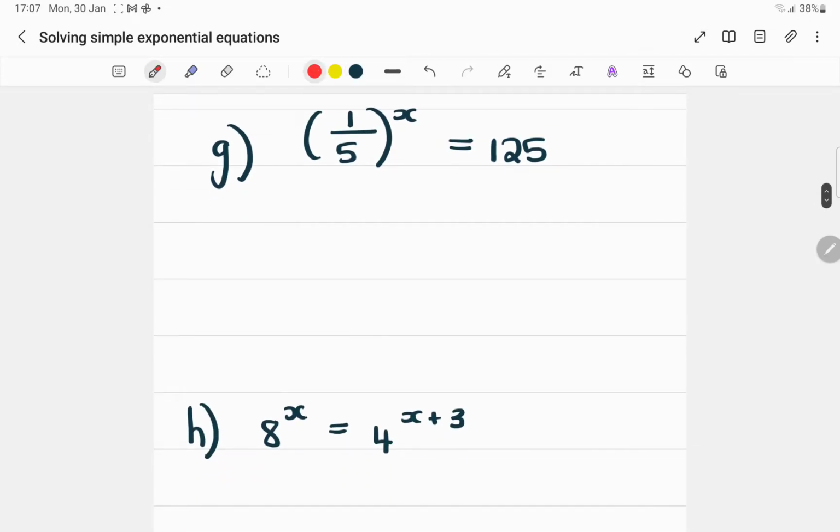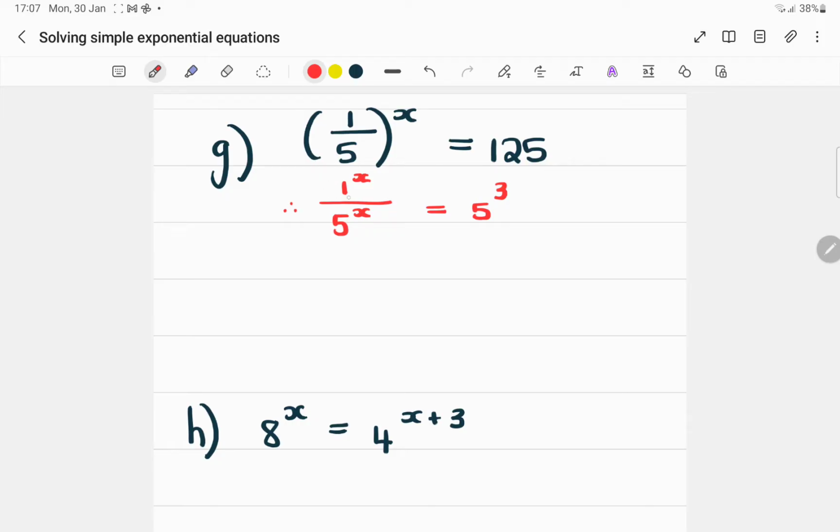Okay, other things to note, 1 to the power x. So I'm going to simplify this. Everything inside the bracket is to the power 1. Sorry, mustn't do an equal sign. So it's 1 to the power x over 5 to the power x is equal to 125. I'm still going to write 125 as a product of its primes, 5 to the power of 3.